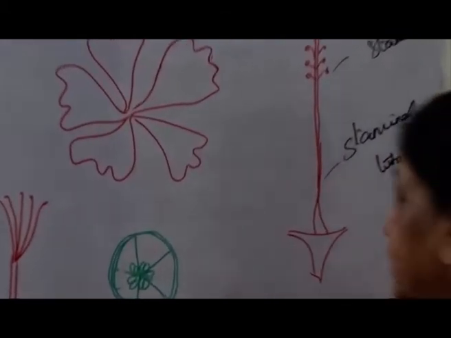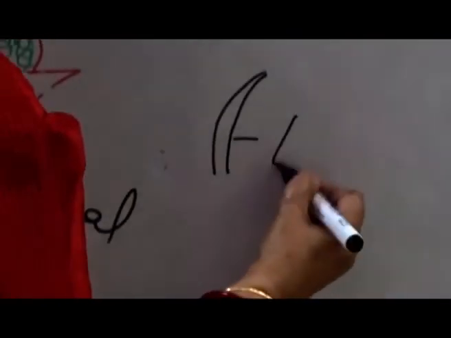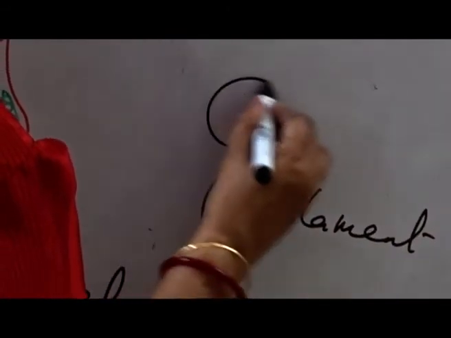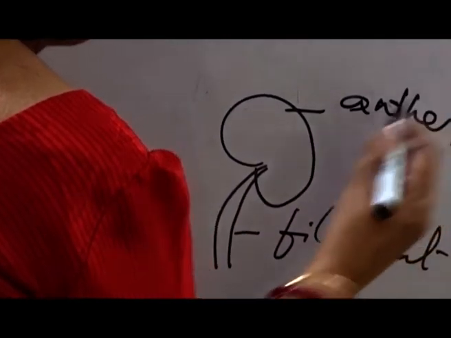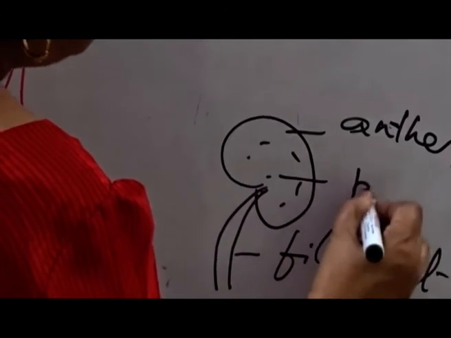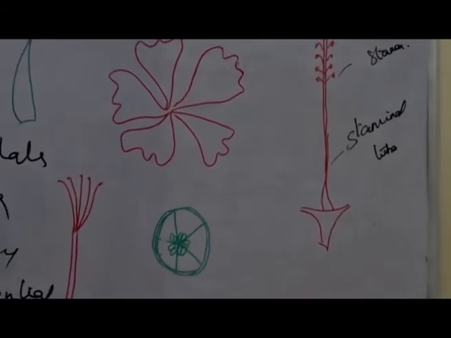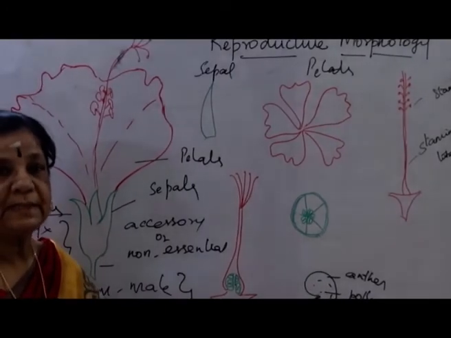Now this stamen has a structure called the filament, which is the stalk of the stamen, and this is the anther head portion, the anther lobe, which contains the pollen. So the structure of the anther has a stalk called the filament and the cap-like structure, the anther, otherwise we say anther lobe, which contains the pollen, the male gamete.